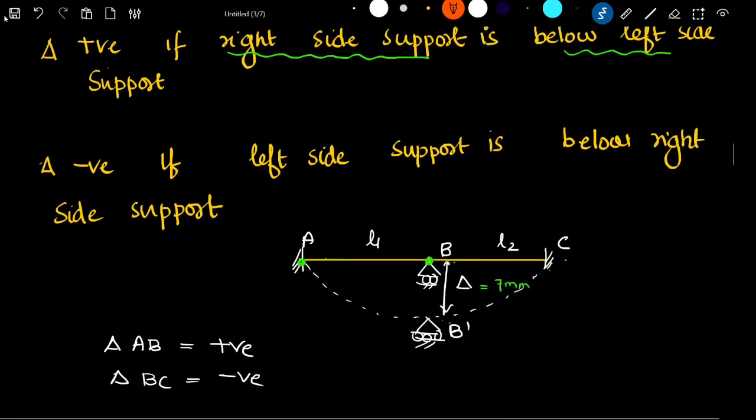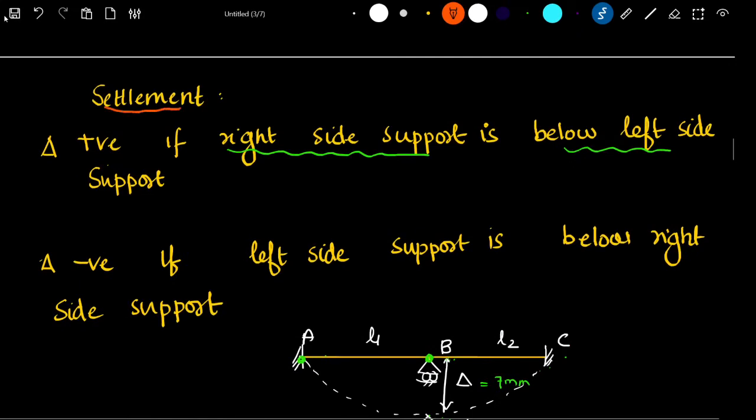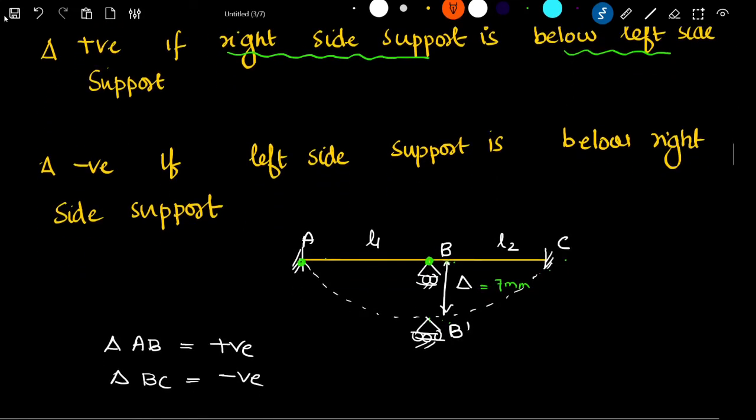Now regarding settlement, the settlement delta is taken to be positive if the right side support is below the left side support. Like we see in this beam ABC, take portion AB. Here the delta in AB is taken to be positive, because B is below A, that is, the right side support is below the left side support.